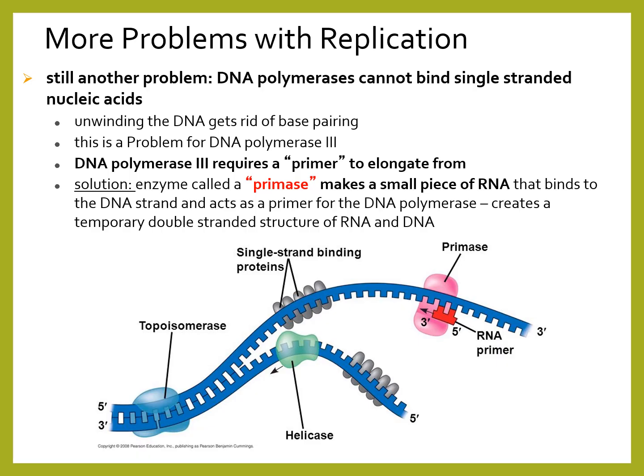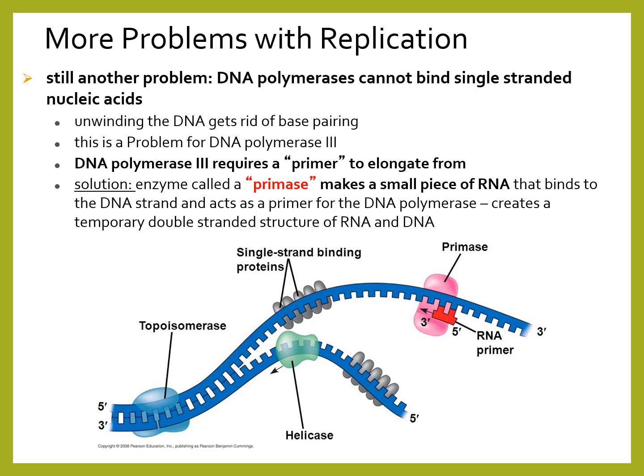Well, we're going to solve this problem using an enzyme called a primase. A primase is going to make a small piece of RNA. It's going to be called a primer. It's going to bind to the DNA strand, and it's going to create a little double-stranded hybrid of DNA and RNA. And now our DNA polymerase III will see that piece of double-stranded DNA-RNA and go, aha, that's where I bind.